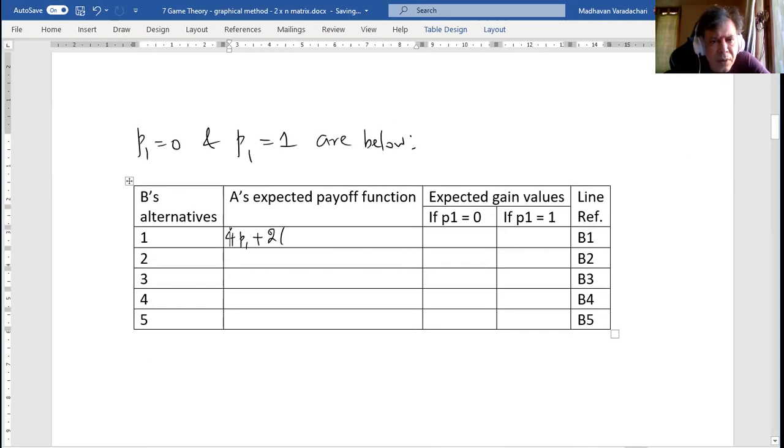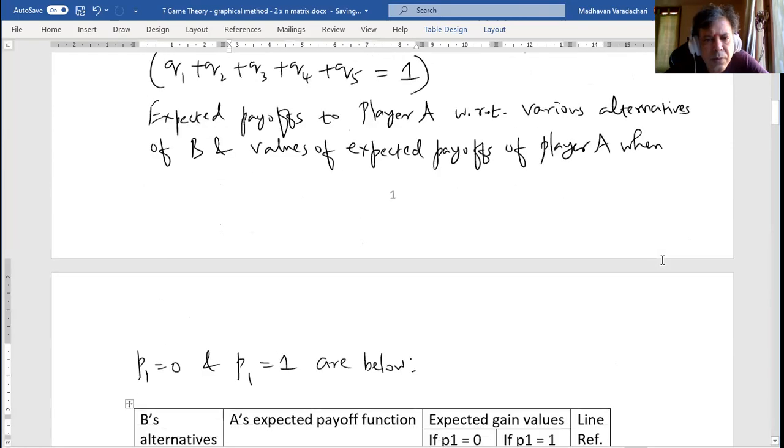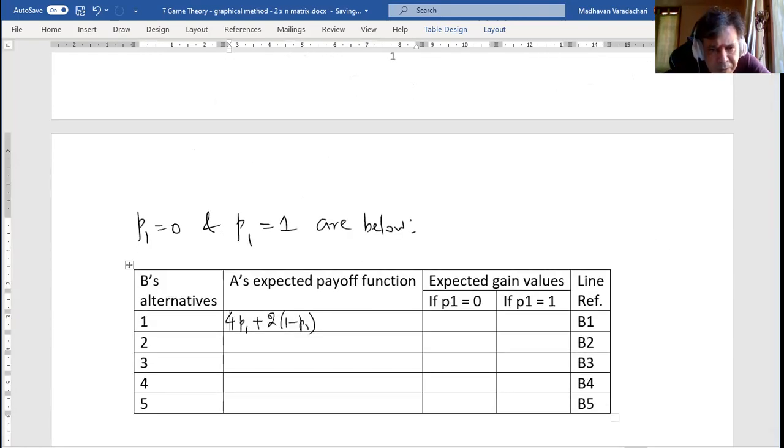We know P2 is nothing but 1 minus P1. So I'm substituting that. If I simplify this, 4P1 minus 2P1 will become 2 times P1.